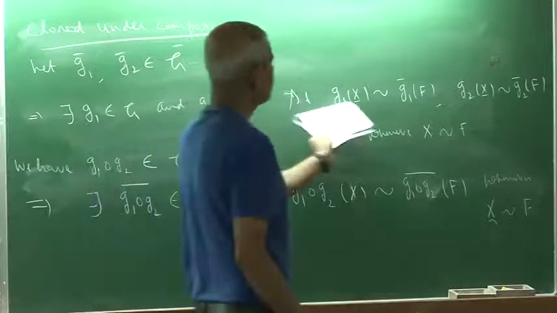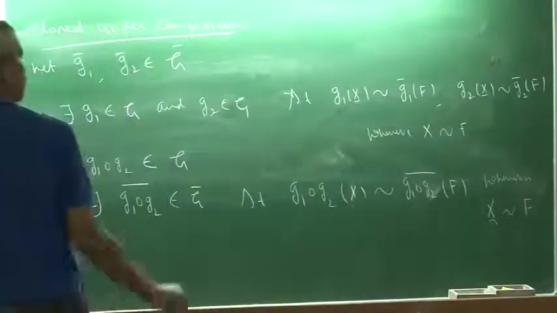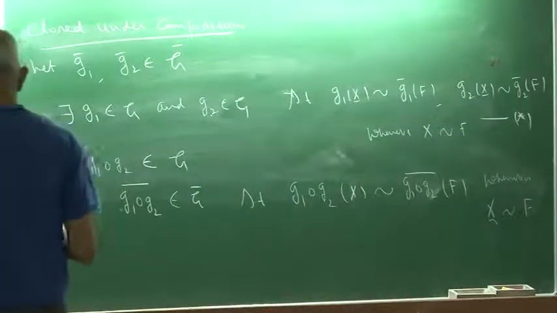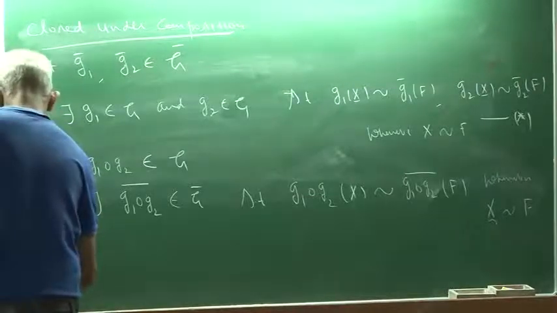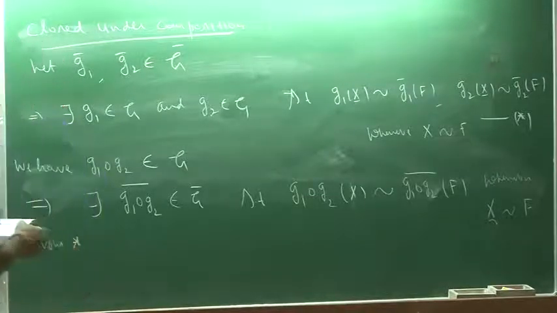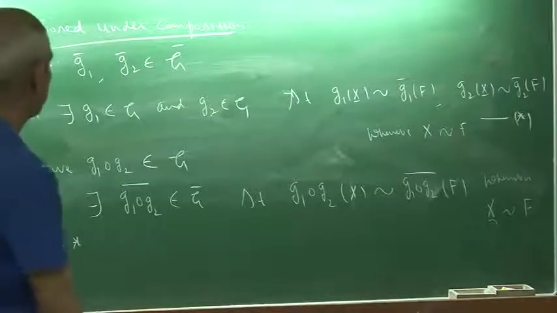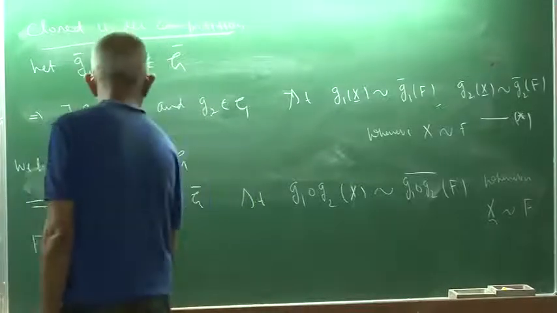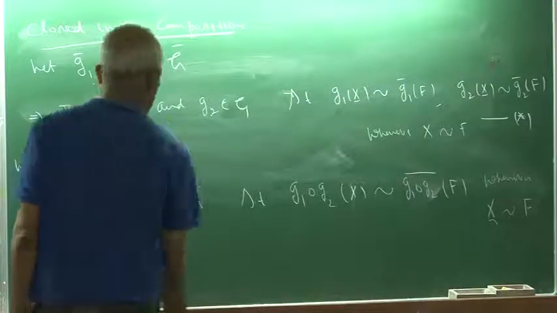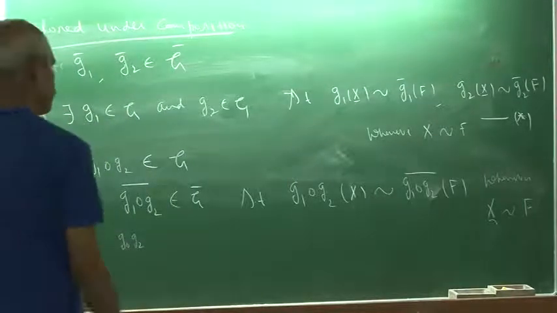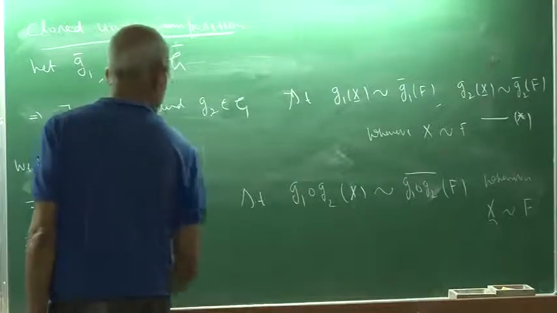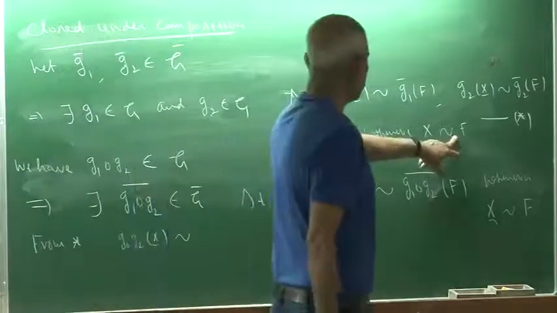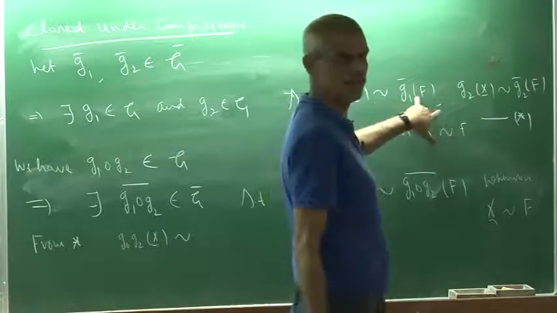Now from here, what is the distribution of G1 dot from star? Because G1 is a group, so G1 dot x has distribution G bar 1 f when x has a distribution function f.